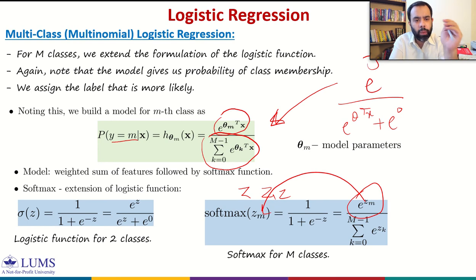The second entry is exponent of z1 divided by the sum of exponents. Then exponent of z2 divided by the sum of exponents, and so on. This is softmax. Instead of hard thresholding, this is a soft thresholding. I will explain this shortly. Why do we call it softmax?